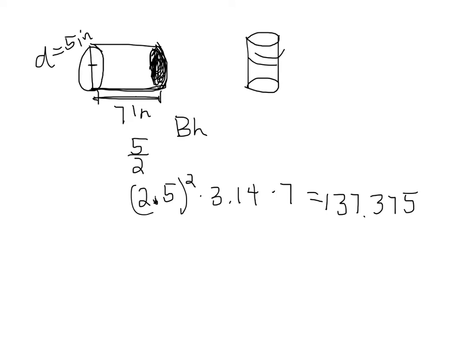Usually they will tell you, and again, this would be cubic inches, what digit to round to. So let's say you're told to round to the nearest tenth. That would make this 137.4 because I look at the digit that I'm to round to, and then I check the one next to it, and 7 tells me I go up. So this would be inches cubed.